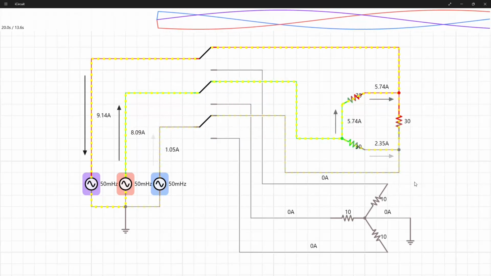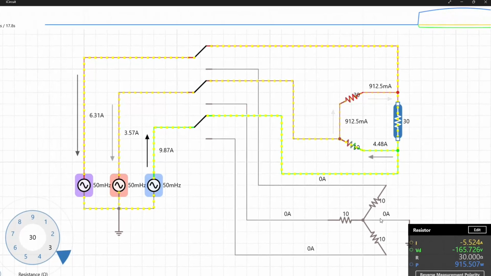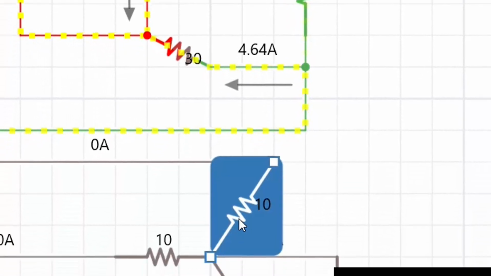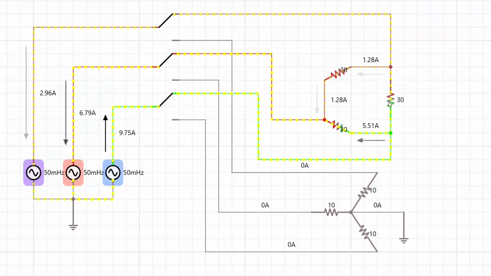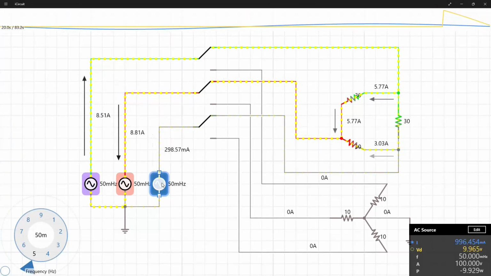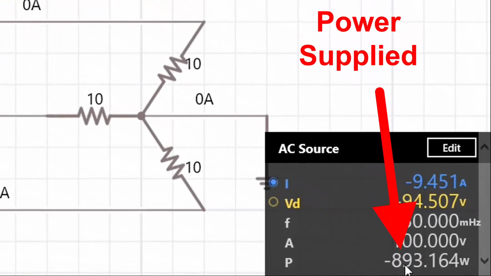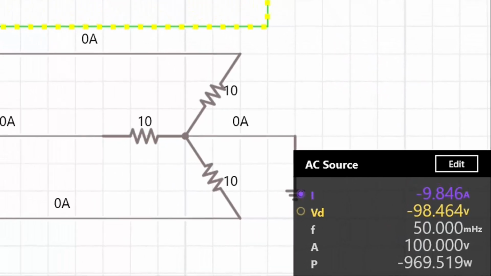And what you would notice is that the resistances of the delta coils are 3 times higher than the resistances of the Y. And so how much power is consumed by our delta? Well, let's look at our sources. Our sources show us that it's going to climb up to about 1 kW on this one, and this one is also 1 kW, and then this one is also 1 kW.